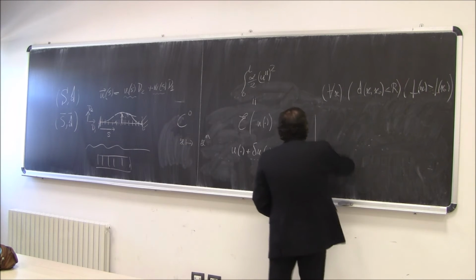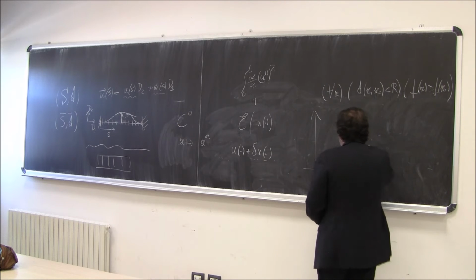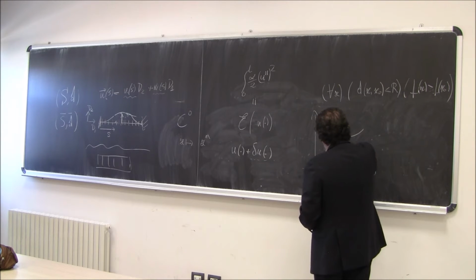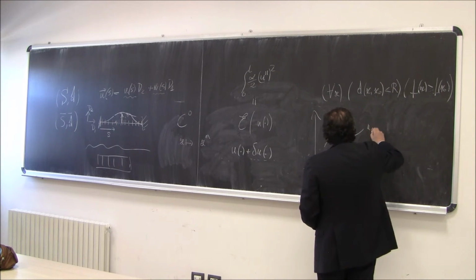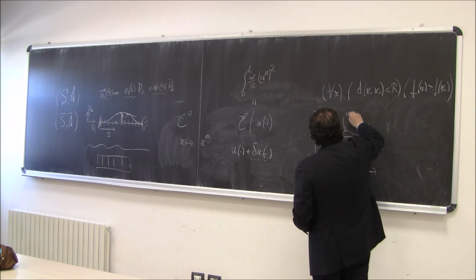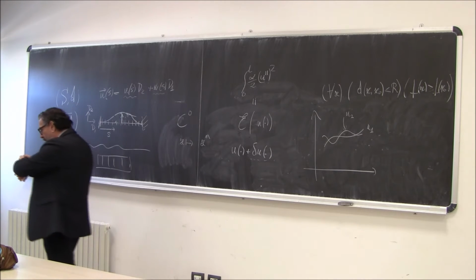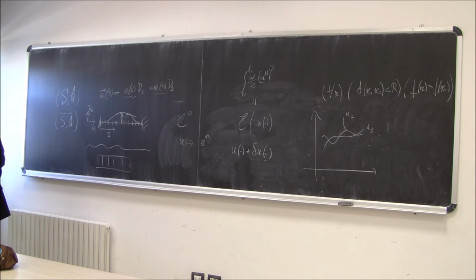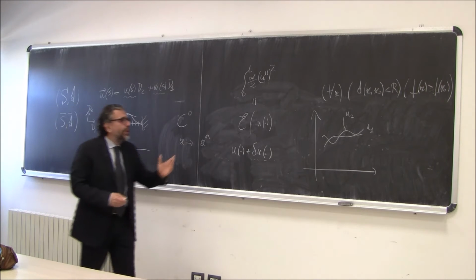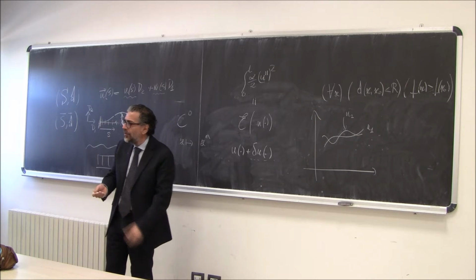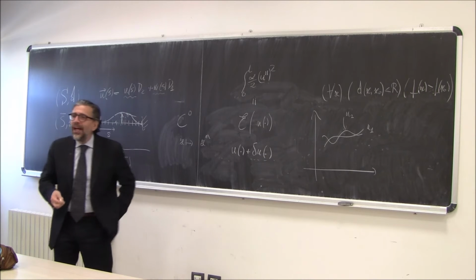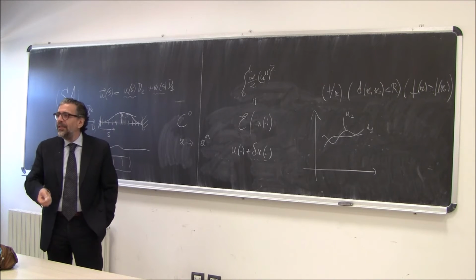So, I have a function u1, I have another function, u2, and I want to understand what it means that the two functions are close. So we have a set of functions, and we want to introduce a metric inside this set of functions.